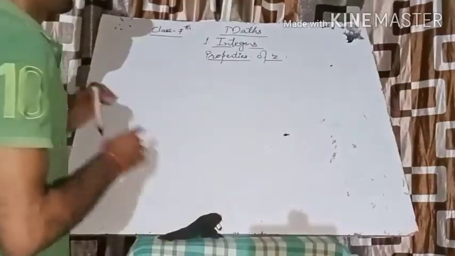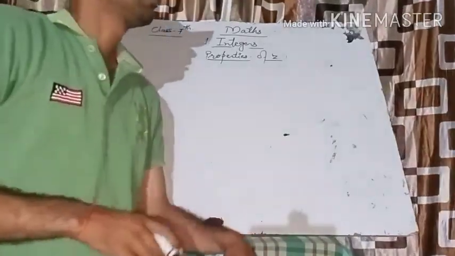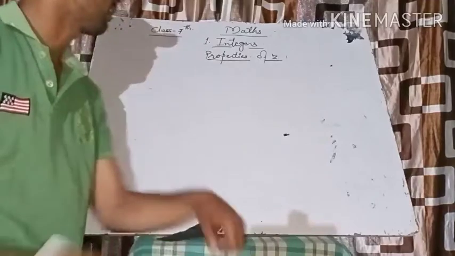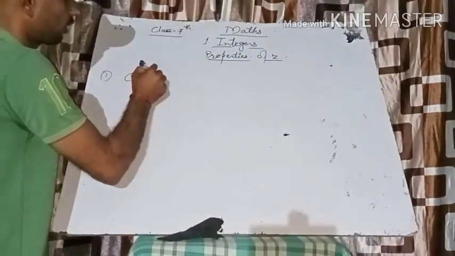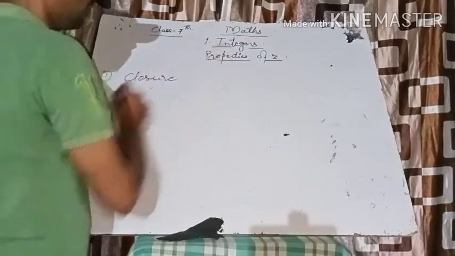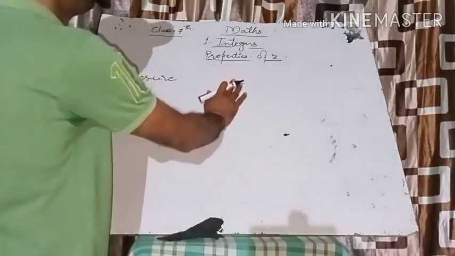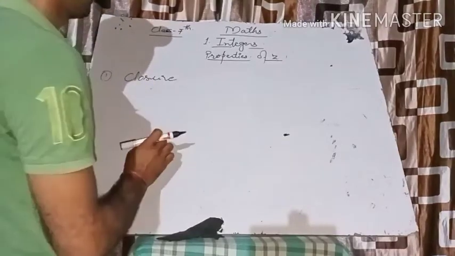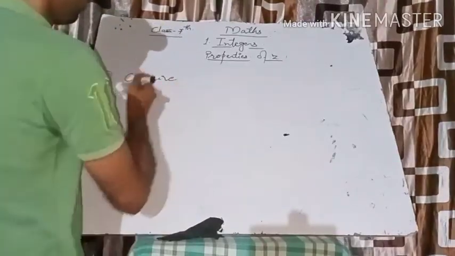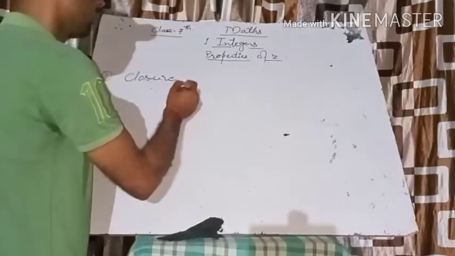But sometimes you will notice that in case of the closure property, the integers don't follow the closure property every time in case of division.